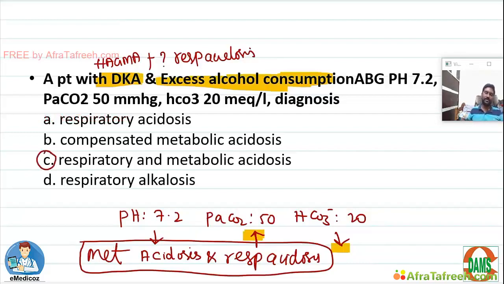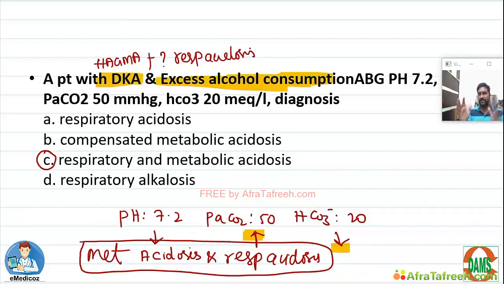So the concept here is that this is an acidosis. Now if you observe CO2 and bicarbonate, if it is a simple acid-base disorder, these parameters should always be moving together. But whenever they are not moving together, it means it is not a simple acid-base disorder. The probability of a mixed acid-base disorder can be there. Now compare the history. Is there a probability of two disorders existing here? Definitely yes. The patient is having DKA and excess alcohol consumption.